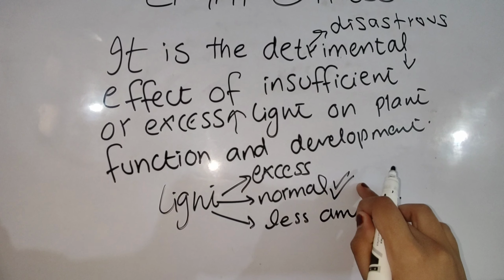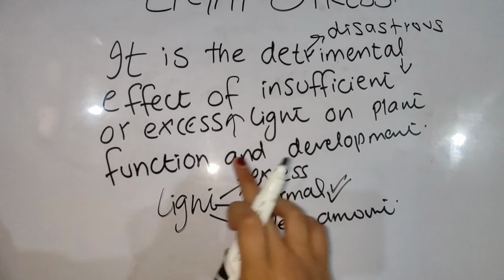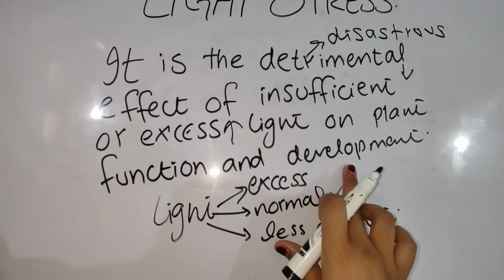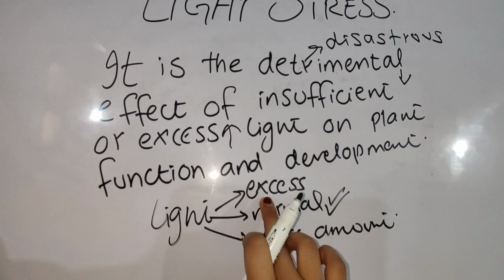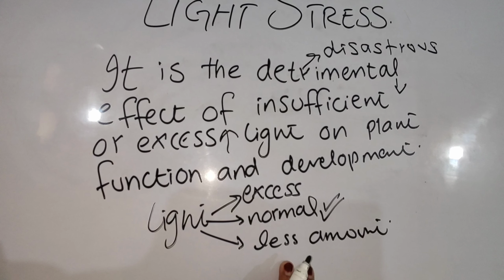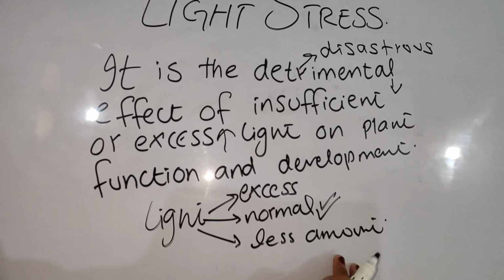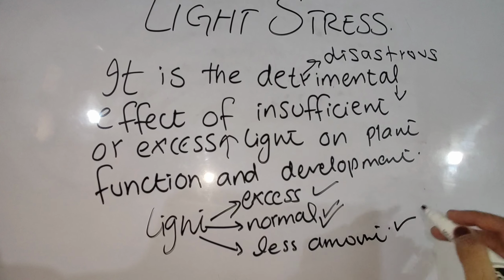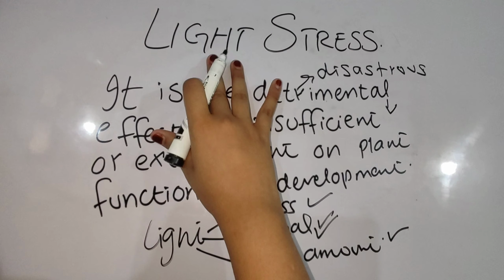Normal light is required for normal plant functioning and development. But when the light is in excess, it could be dangerous to the plant, and when it is in less amount, it is also very dangerous. So these are the two subtopics of light stress.